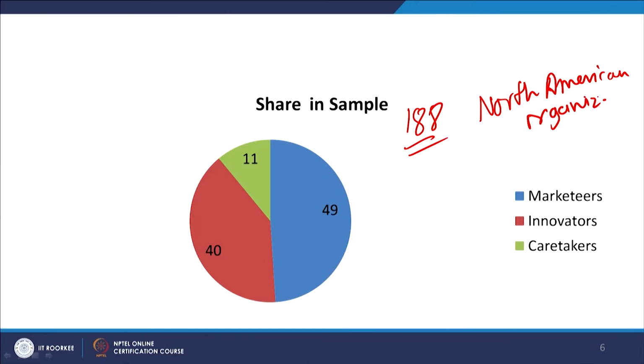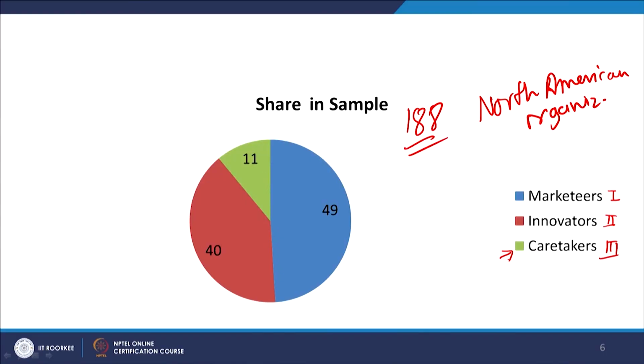So, you can see that from the American organizations' point of view, marketeer is the most preferred, then the innovator, and then the caretaker. But if you see from India's point of view, this data, this percentage may change.